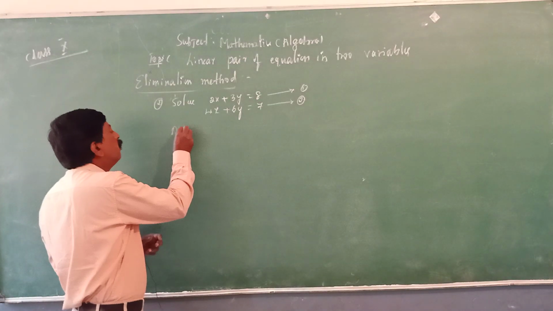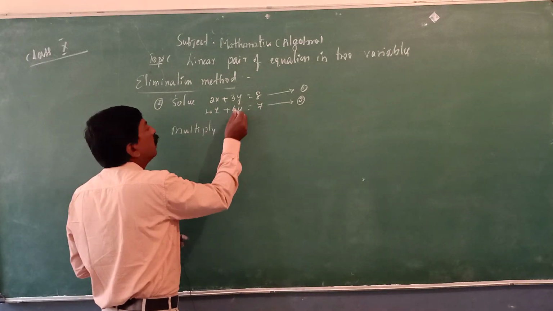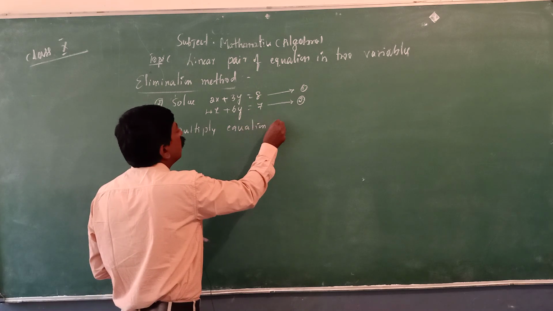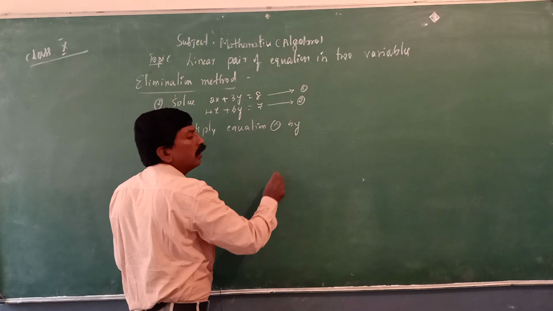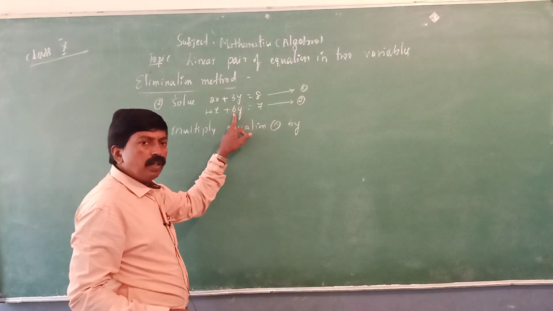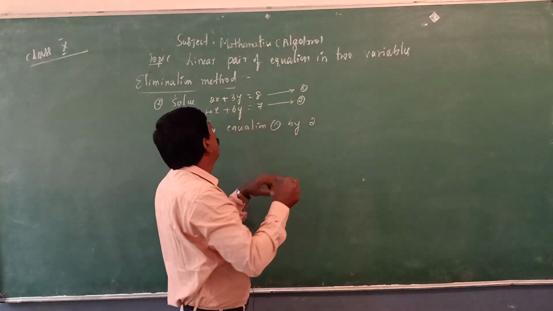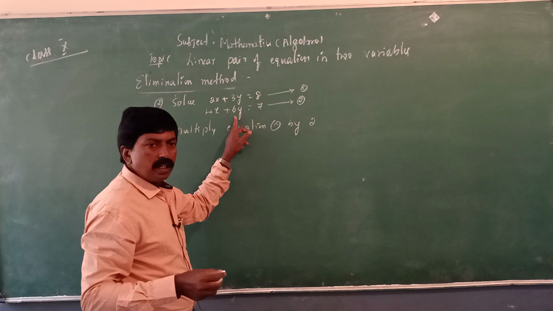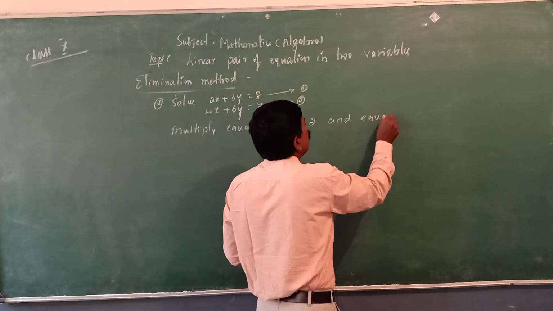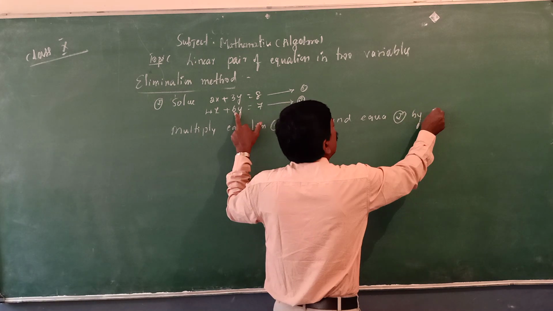That's why multiply equation 1 by, how much? We want to make it 6. 2 and 3 are the factors of 6. Therefore, you can multiply by 2, because 3 twos are 6. And equation 2 by 1, as 6 is already there.